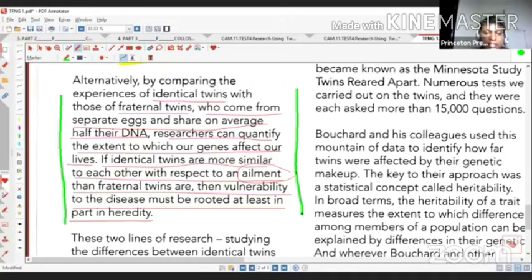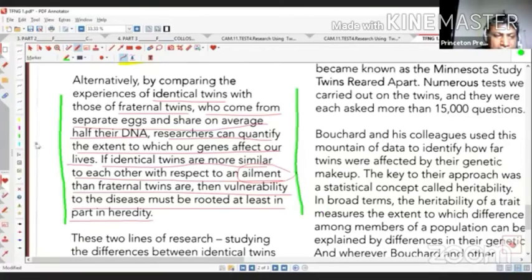If identical twins are more similar to each other with respect to an ailment than fraternal twins are, then vulnerability to disease must be rooted at least in part in heredity. It's in part, not completely. So they're saying in part.